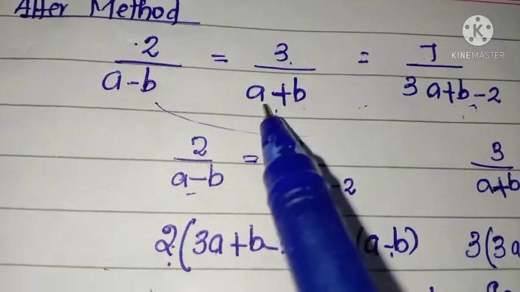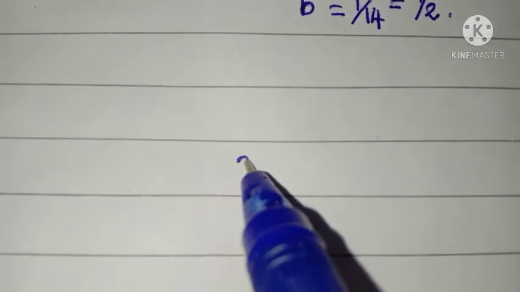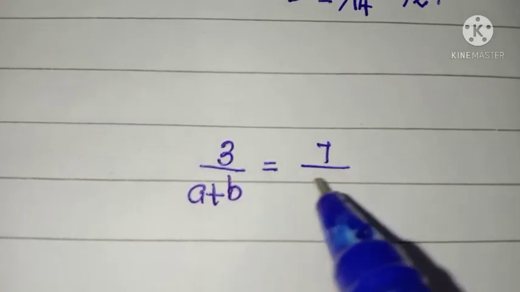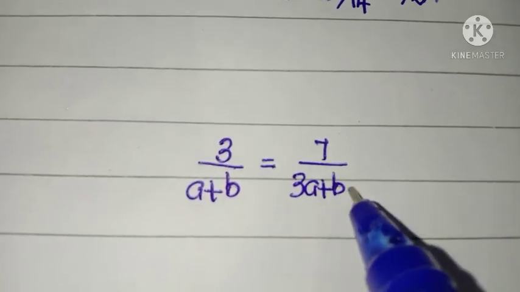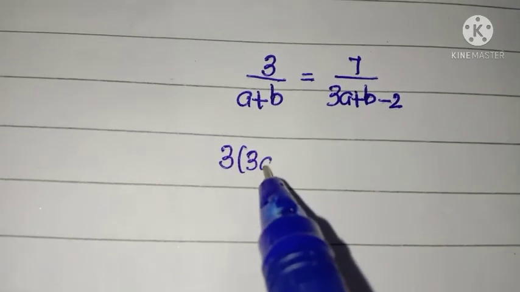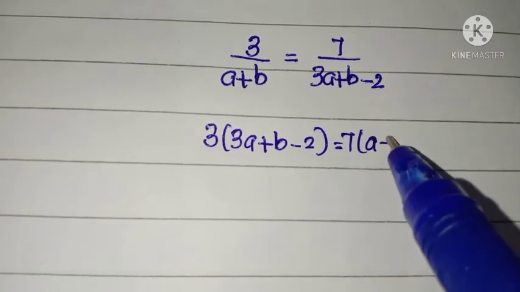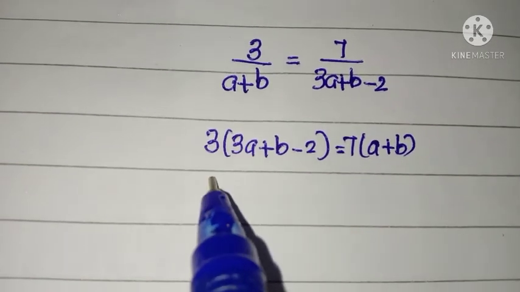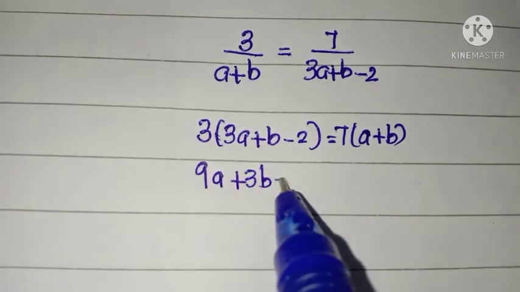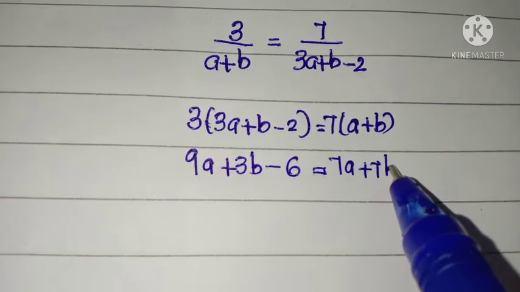Put it as equation number 1. Now equate these two ratios. 3 by a plus b equal to 7 by 3a plus b minus 2. Now cross multiply. 3 into 3a plus b minus 2 equal to 7 into a plus b. Open the bracket. 9a plus 3b minus 6 equal to 7a plus 7b.